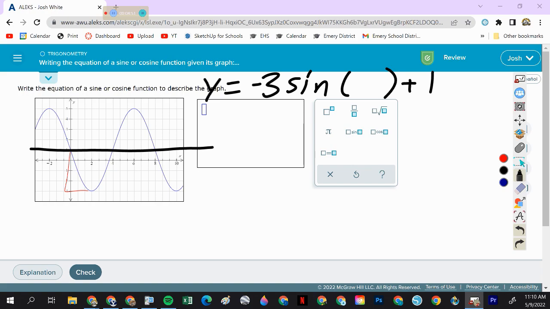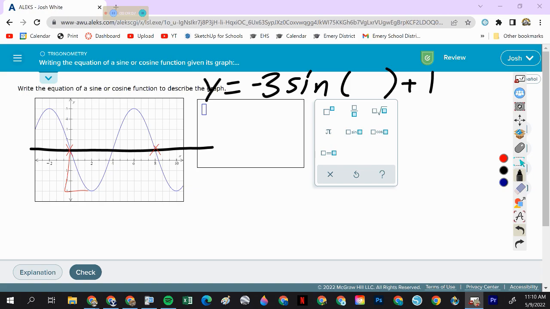So we actually don't have a phase shift in this case. We did not move left or right, but we did change the period. So how far is it from here to here? One full cycle. So the period is 8.